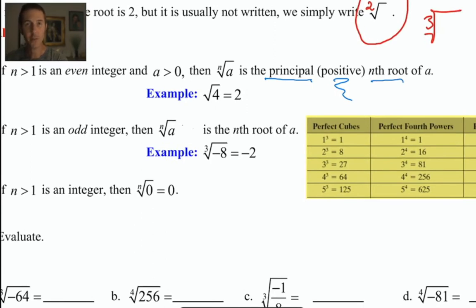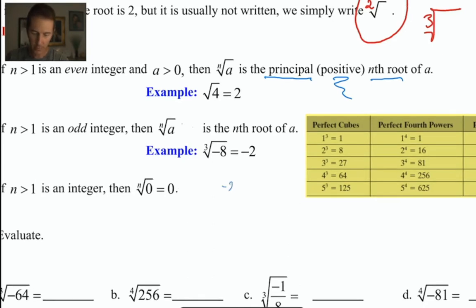Yes, you are allowed to take an odd root of a negative number, a cube root, a fifth root, 7th, 9th, 11th, and so on of a negative number is okay. So here the cube root of -8 is -2. Why? How do I know that? Because -2 to the third power equals -8.